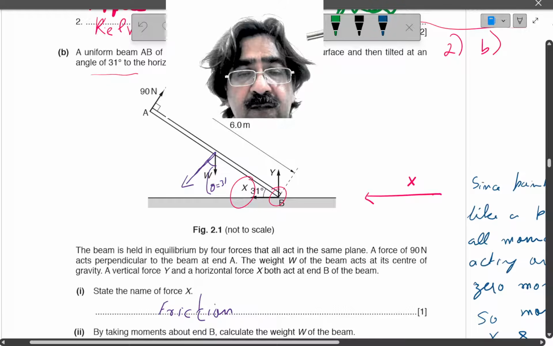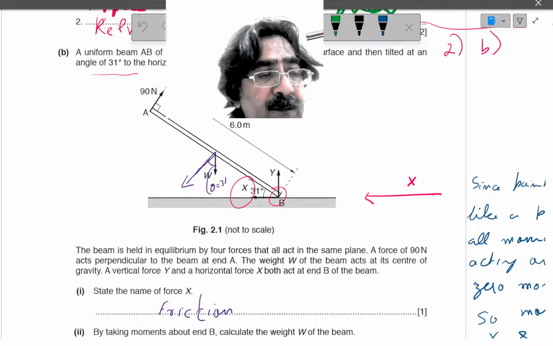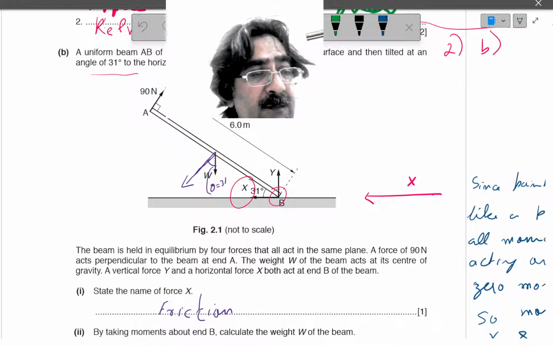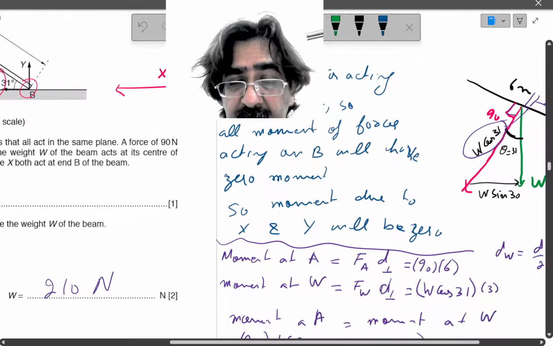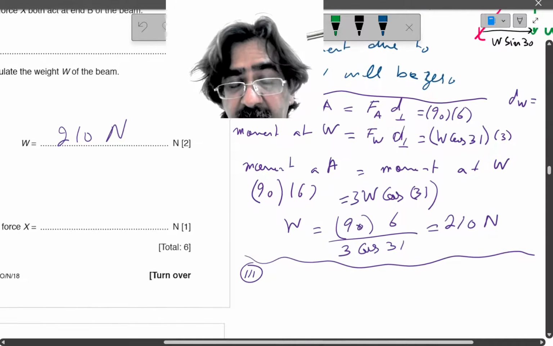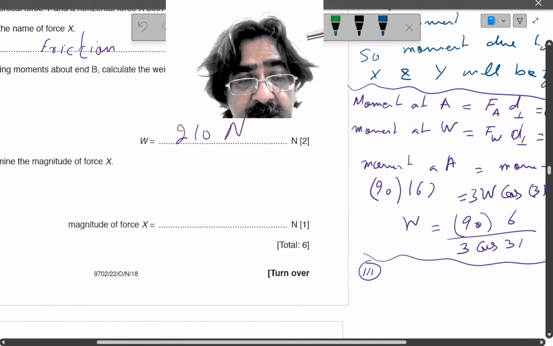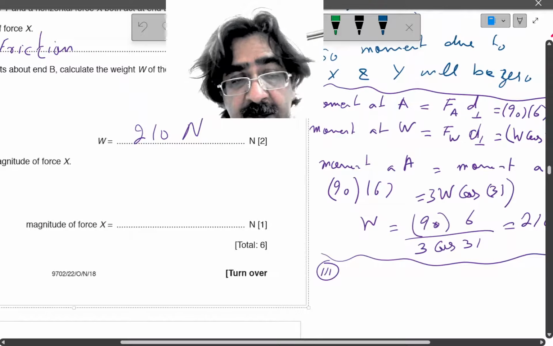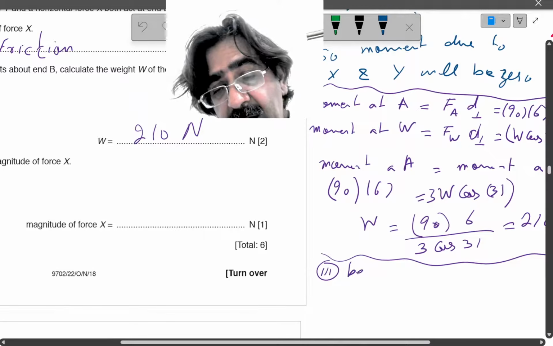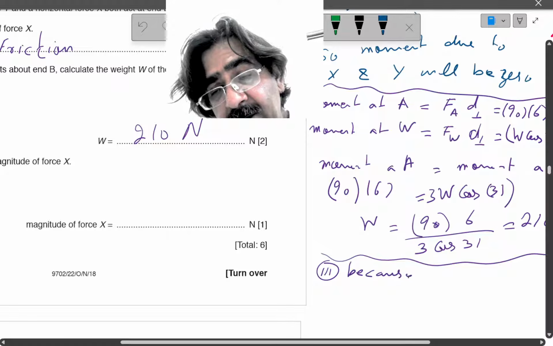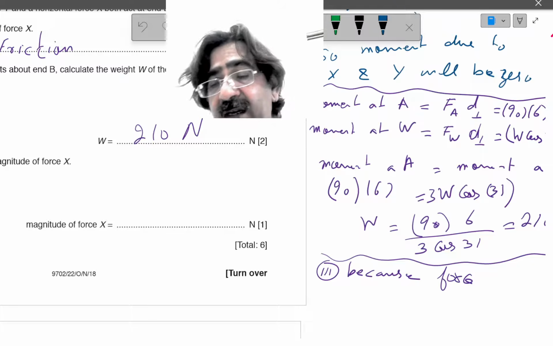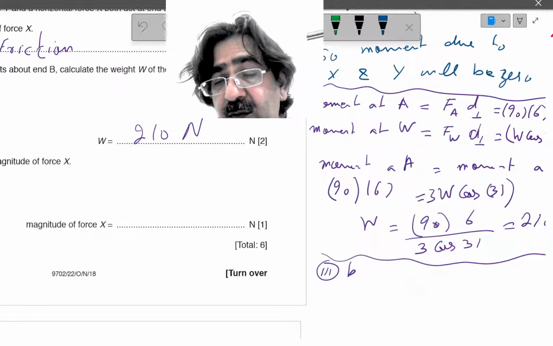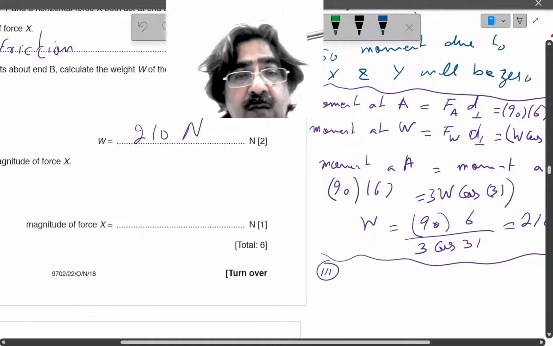Force is not zero, but moment is zero. Torque is zero.